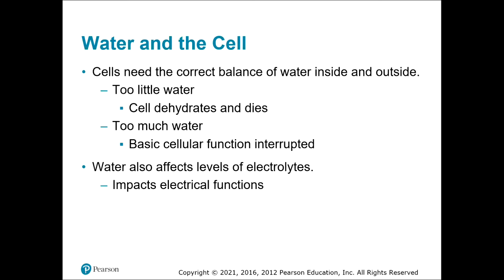So we have a large amount of solute, which would basically be sodium, chlorine, whatever, and very little water. On the other side we have a lot of water and very little solute. Which way is the water going to shift? From a higher concentration to a lower concentration. Does that make sense? That's the process of osmosis.